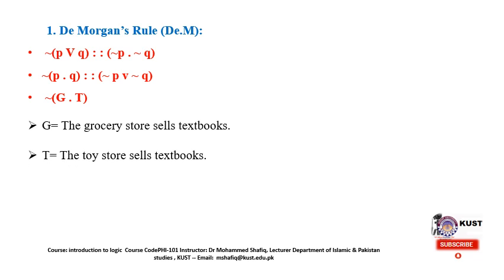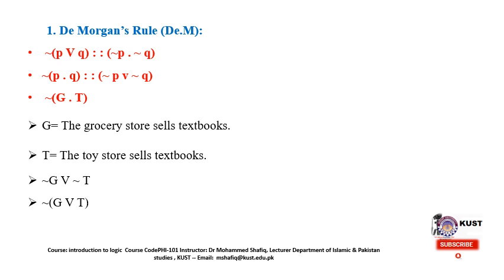T depicts the statement the toy store sells textbooks. Now, not G wedge not T means G dot T as a whole in negation.